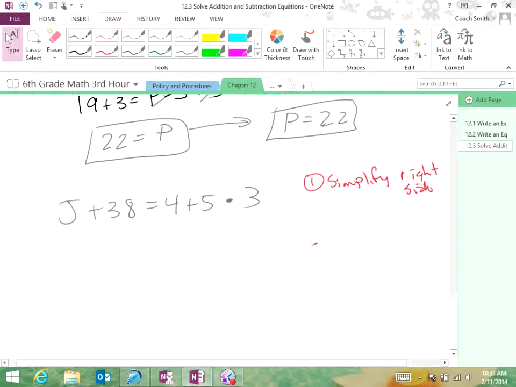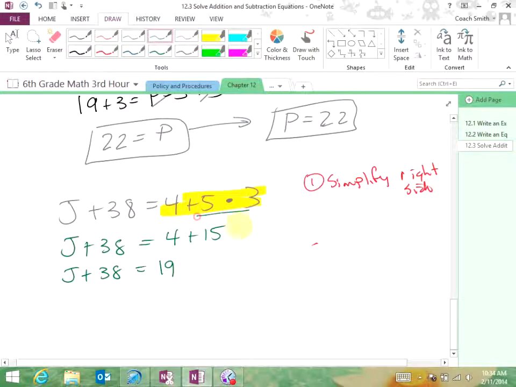Let's look at it. This one's going to be a little different than what we've done. All right, so first we have to do this. So, that is J plus 38 equal 4 plus 15. Okay? So that's J plus 38 equal 19.